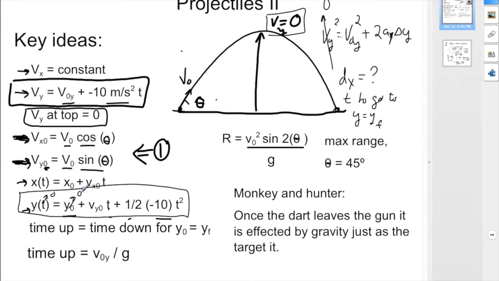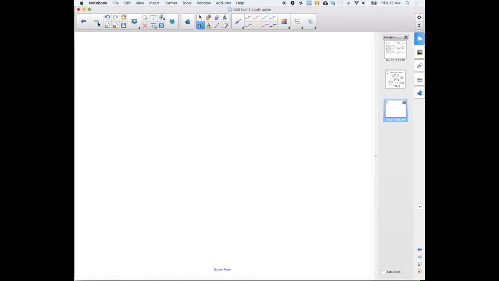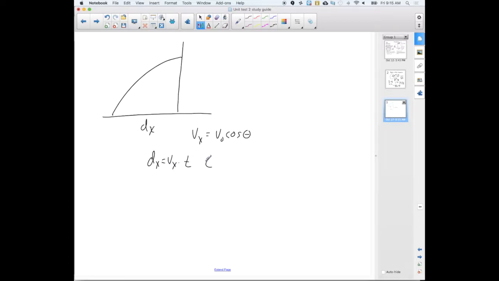Let's just quickly consider a ball going up and hitting a wall. I know the distance in the x direction, and I know the velocity in the x direction is v0 cosine theta, so the distance in x is the velocity in the x times t. I can solve for time, and then if I know time, I can get the height in the y direction: the initial height plus v0y t plus 1/2 times minus 10 t squared.